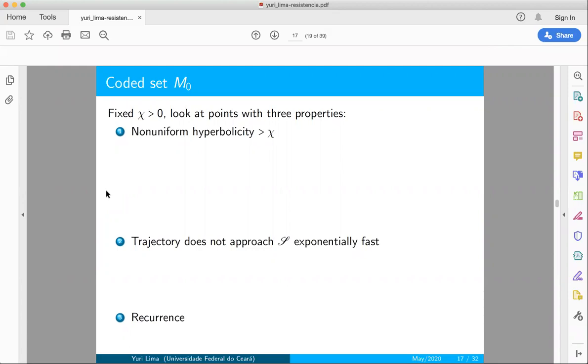I remember that in the first talk of this seminar, Stefano Luzzatto said that it's nice that all constructions of Young towers and kind of symbolic constructions that are available, in some way or the other, use some sort of recurrence. And we also use this in an essential way.